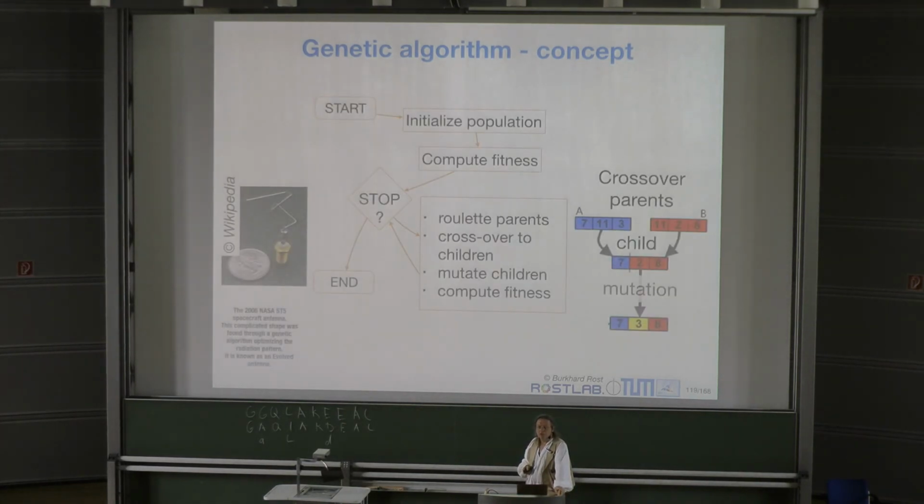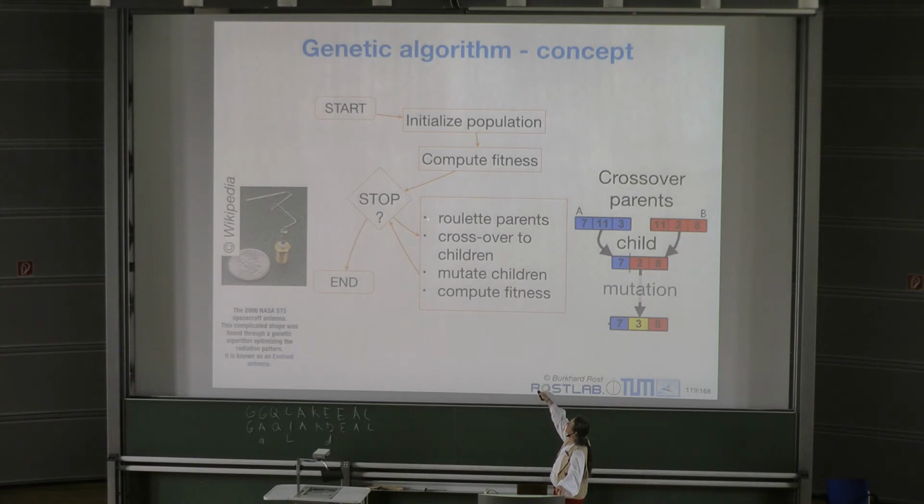Now, in the protein, how would you do that? Well, you would start. You would initialize the population, you would compute a fitness, not in the protein, so in a general sense. Given a certain level of fitness, you have a stop criterion, or you begin to sort of roulette parents to cross over to children, to mutate the children, and then you compute again once you have gone through one of these.